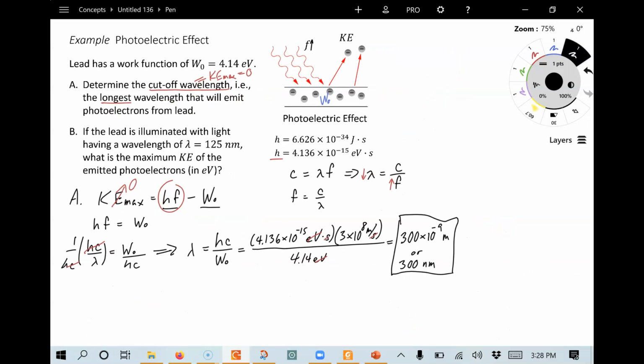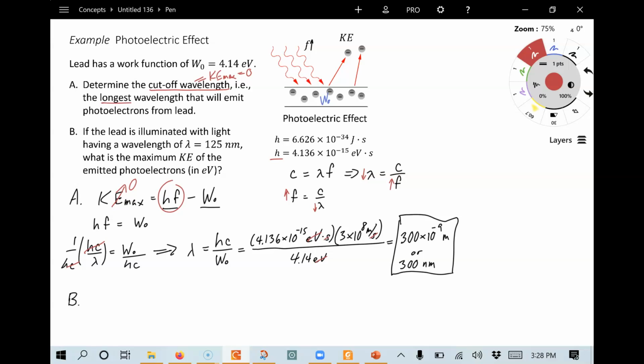Now for part B, it asks, if instead we illuminate the lead with a wavelength of 125 nanometers, so a shorter wavelength, right? Higher frequency, and since photon energy is h times f, a more energetic photon, right?